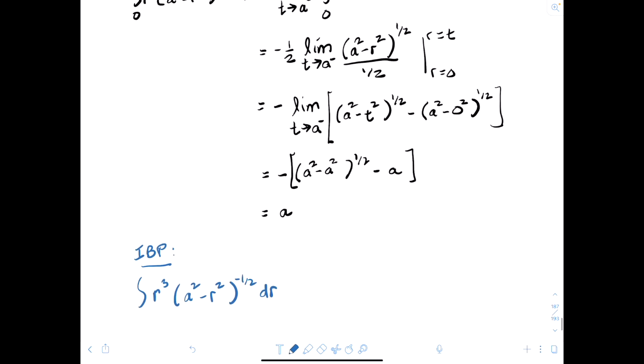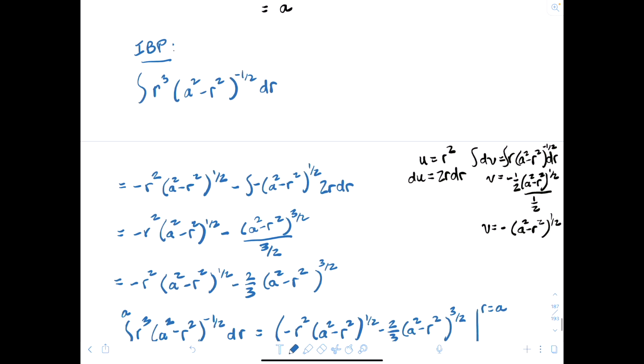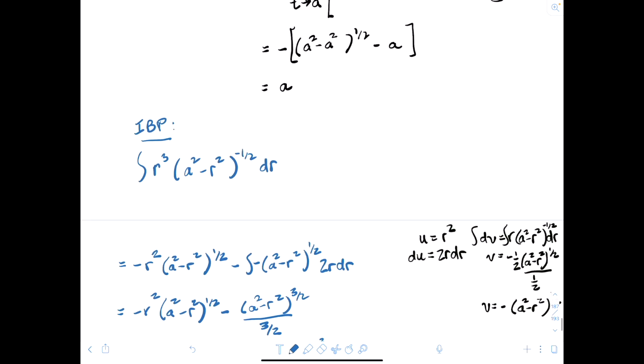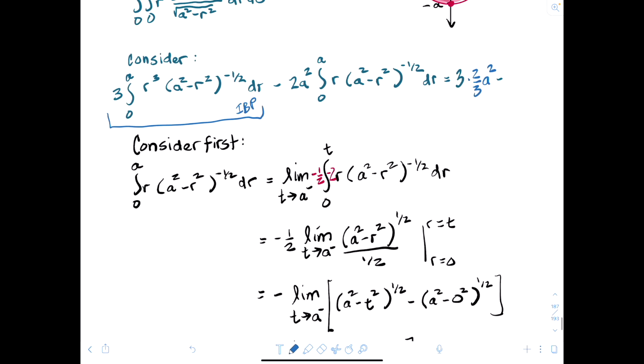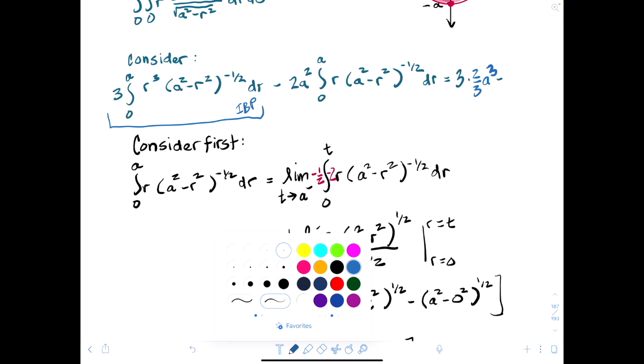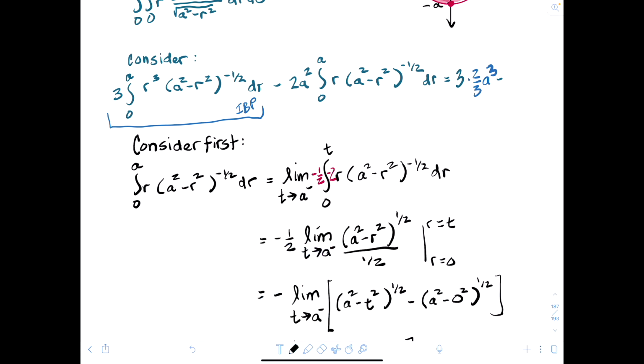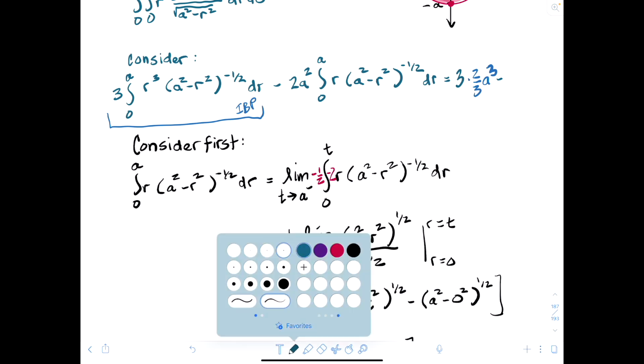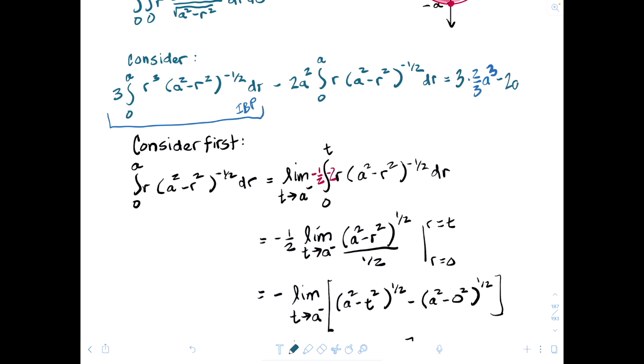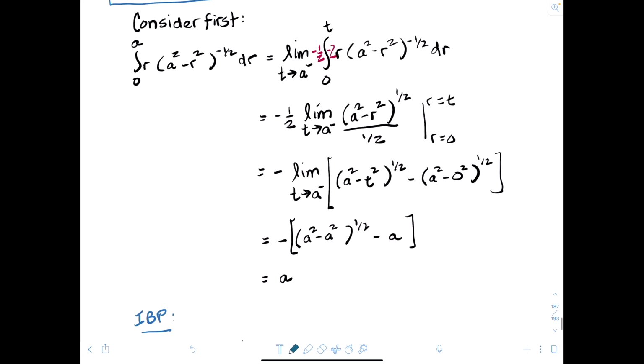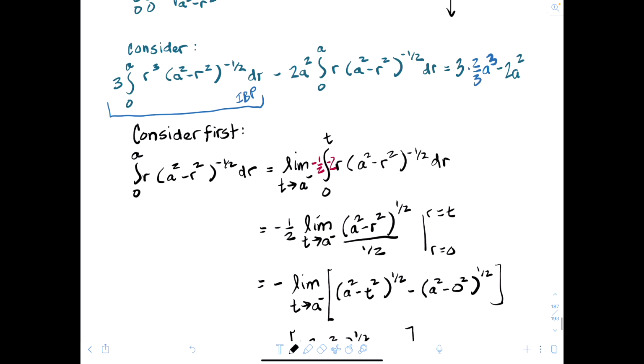Yep, sorry. Where was it? I can't find it. Here we go. Cubed. There we go. And then minus, we had pulled out a 2a squared, and then when we had done that very first improper integral, we had gotten positive a.